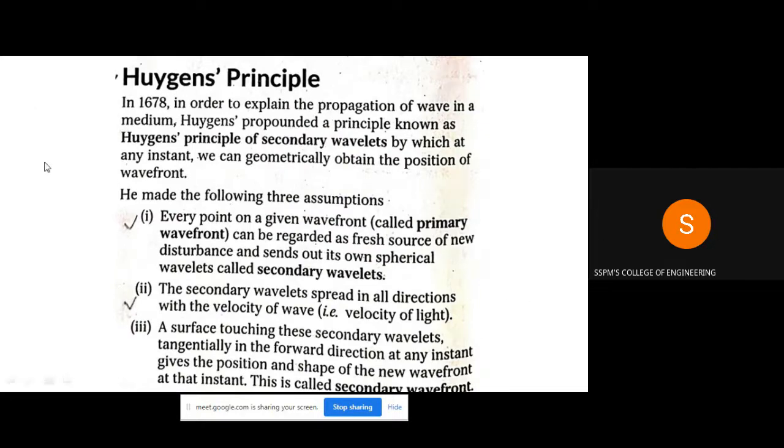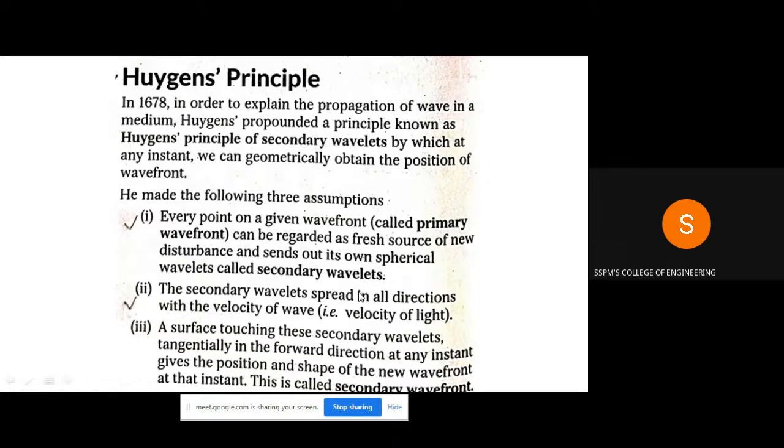The next one, Huygens principle. In 1678, in order to explain the propagation of a wave in a medium, Huygens propounded a principle known as Huygens principle of secondary wavelets. As per Huygens principle, every point on a given wavefront can be regarded as a fresh source of new disturbance and sends out its own spherical wavelets called secondary wavelets.